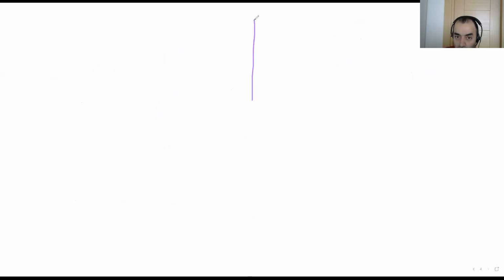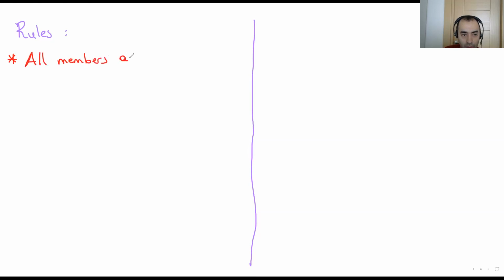Rules. The first thing is, in plane trusses, all members are in the same plane.